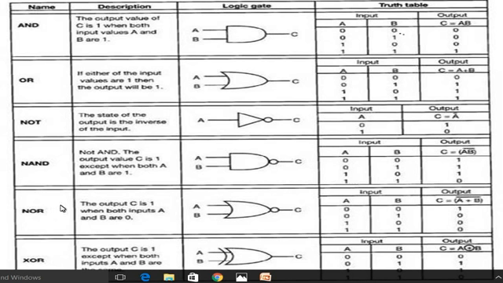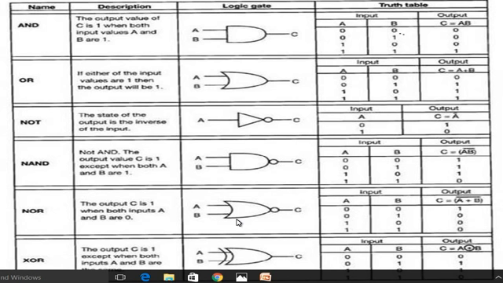What about the next gate? This is NOR gate. This is also a combination of OR and NOT, in the same way as NAND is AND and NOT. Therefore, you can see the bubble on the output of the OR gate. So, truth table of NOR gate and OR gate is exactly opposite.